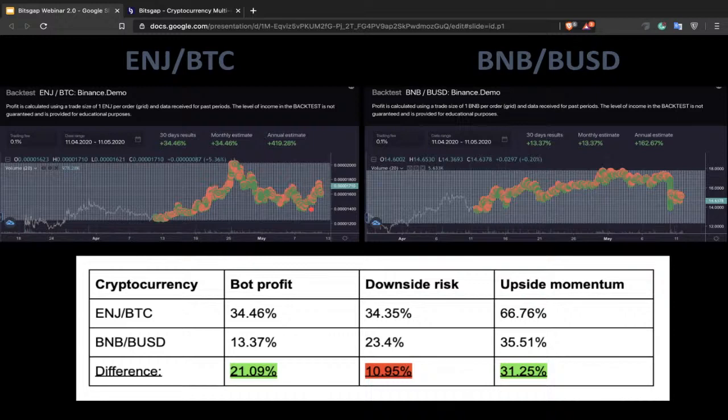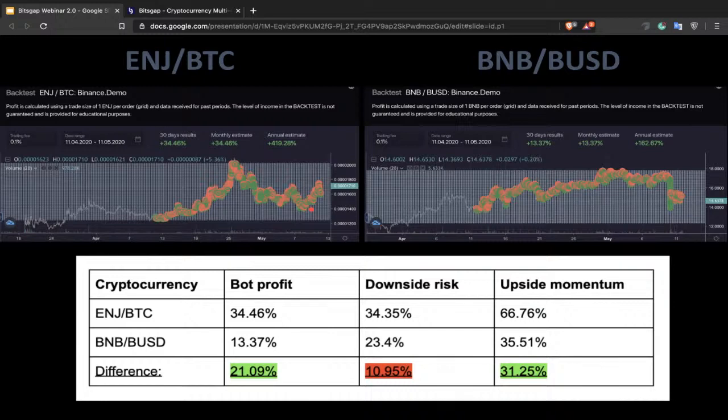So the idea here is that using backtesting, you can compare different cryptocurrencies with each other, and you can find cryptocurrencies that provide you with optimal returns for you. So if you are looking for big returns, then in this case you must be prepared for a big risk.